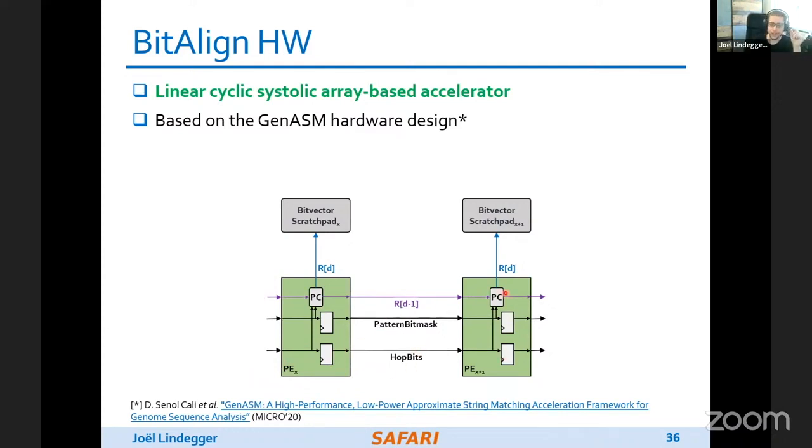In each cycle of your computation, they do a little bit of computation. This processing core is a very simple logic unit that does some amount of processing, and then it writes its output to a register. In the next cycle, it passes whatever it computed on to the next module.